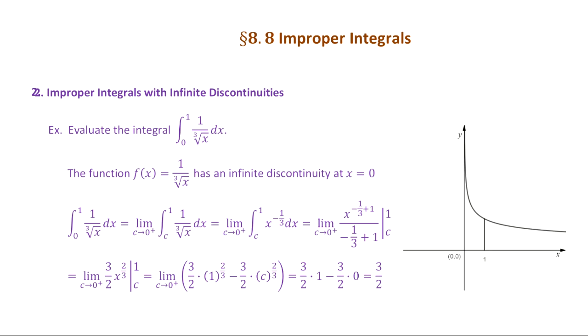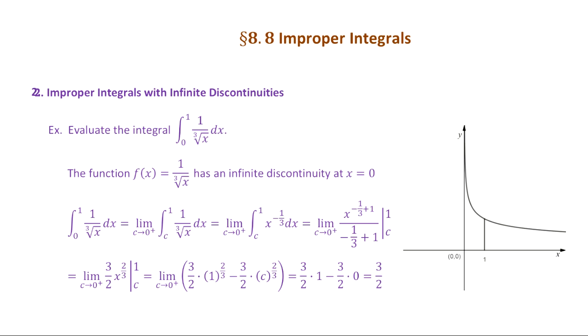So we've got the second type of improper integral, and the vertical asymptote is on the left. So we replace 0 by c, integrate the function from c to 1, and then take the limit with c approaching 0 from the right.